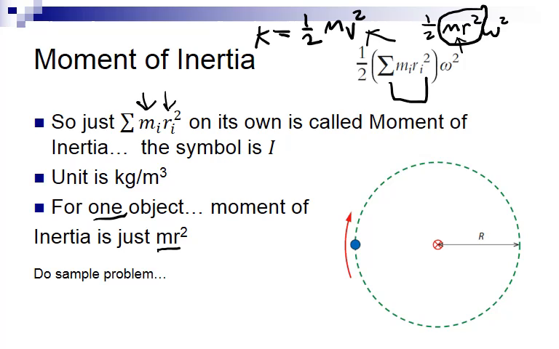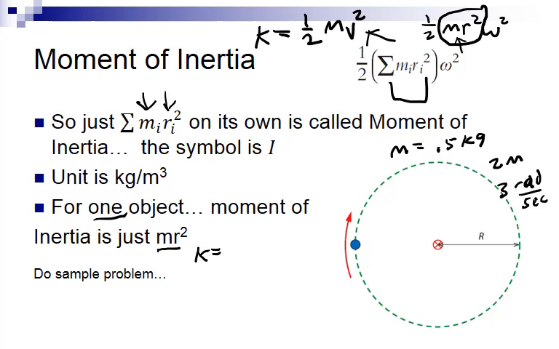So let's say that the mass here is 0.5 kilograms, the radius is 2 meters, and the angular speed is 3 radians per second. We can calculate what the actual kinetic energy of the object is.